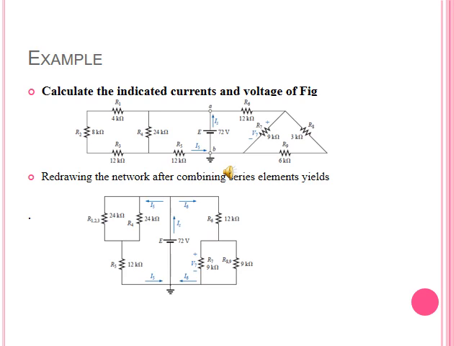As per our nodes, this 9 kilo ohm resistor is in parallel with R7. If we combine R7 with R8, 9, then the combination will be in series with R6.